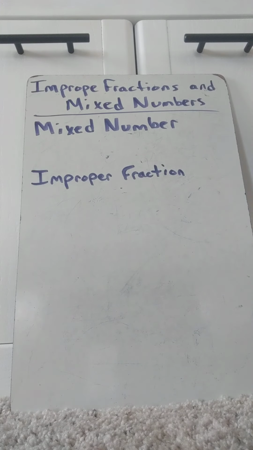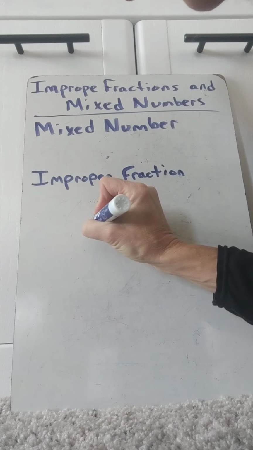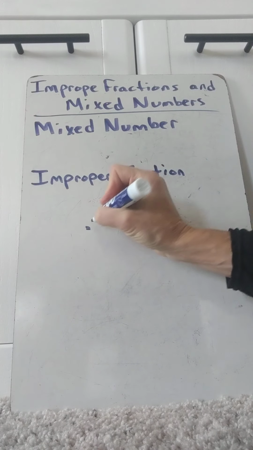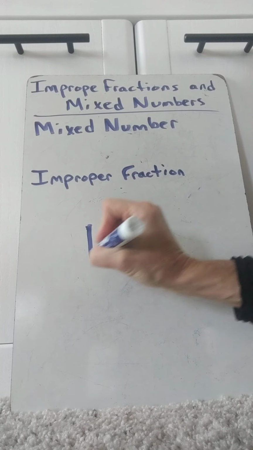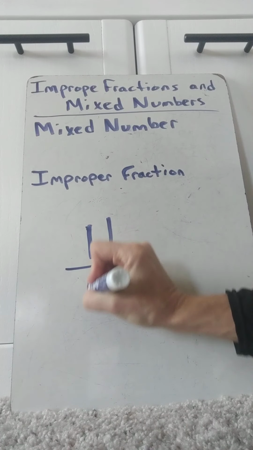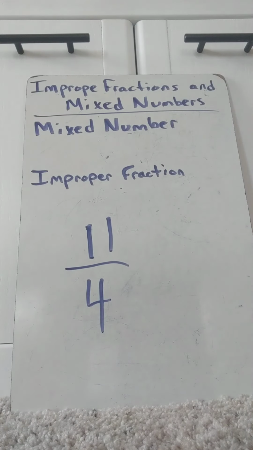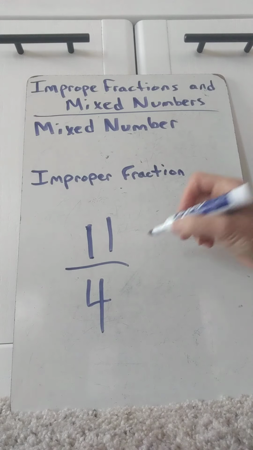I'm going to give you another example of changing an improper fraction to a mixed number. Let's do this one. 11/4. That's an improper fraction because my numerator is greater than my denominator.